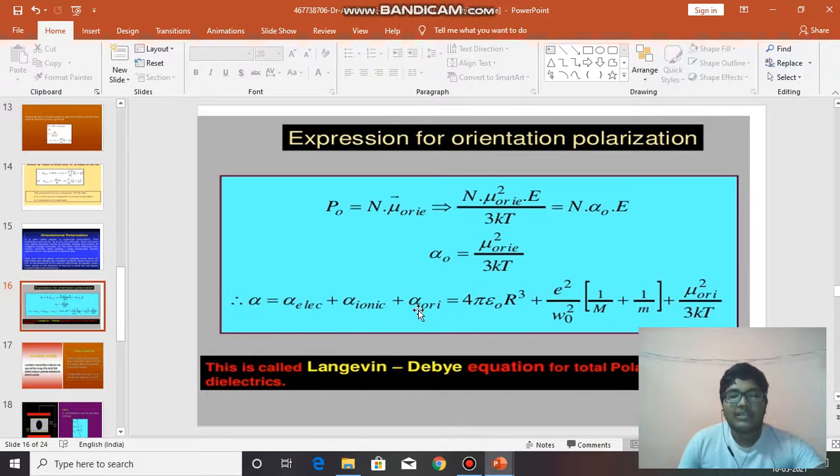These are all the polarizations. That equals 4 pi epsilon naught r cube plus e square by omega naught square into 1 by capital M plus 1 by small m, which are the masses, plus mu square by 3kT for the orientation polarization. This is the expression of orientation polarization.